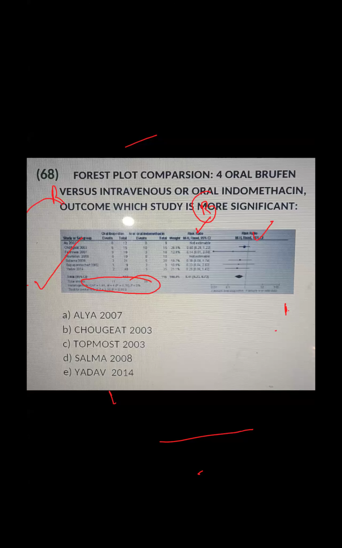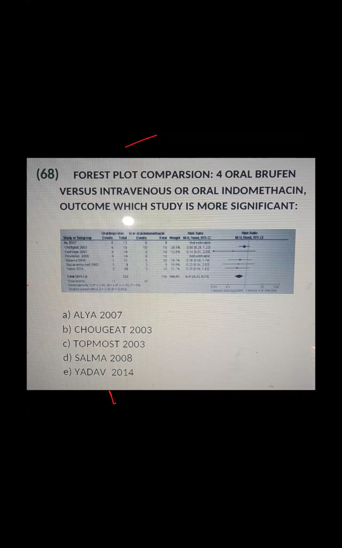If you don't understand which study is important from this point of view, then go back and check the confidence interval range. Any range which does not contain 1 in it, that study is significant. Okay, that's all. Okay, thank you. Otherwise, the forest plot will definitely correspond with the results.